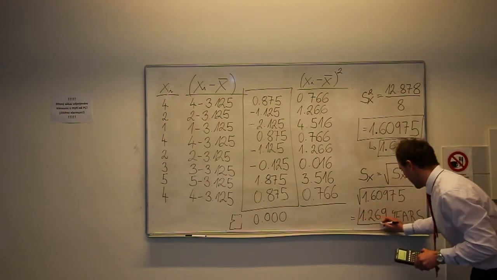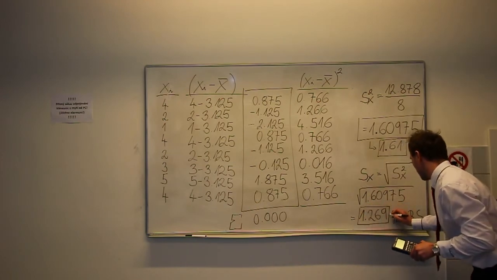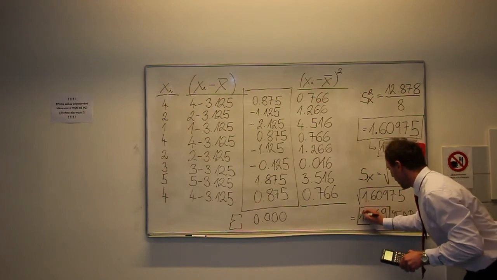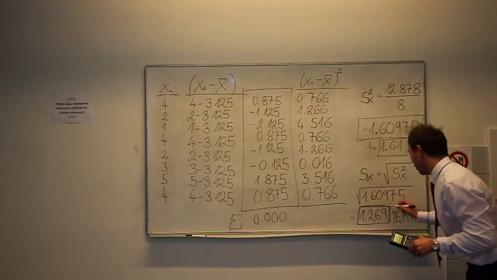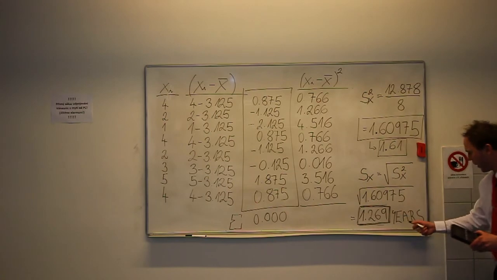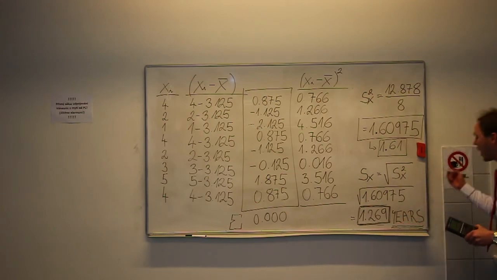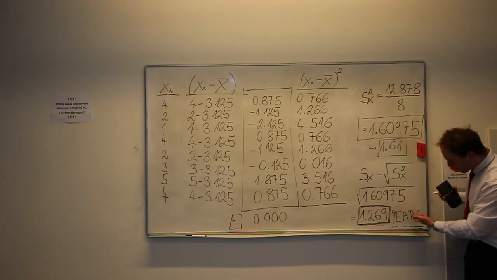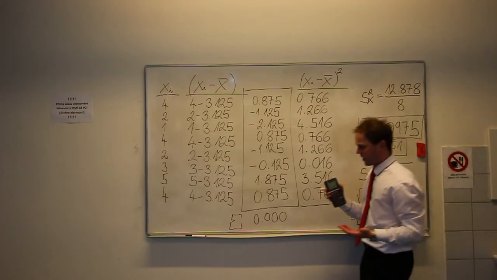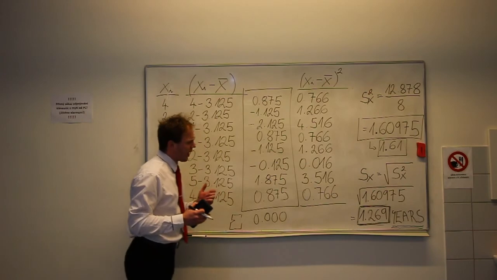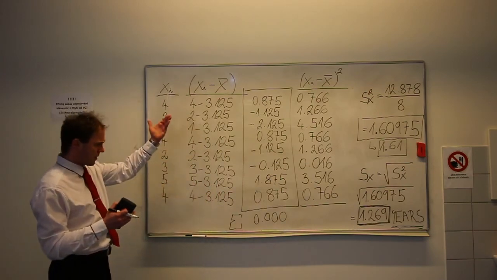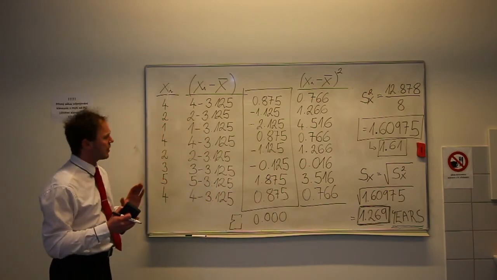Yes, this is the standard deviation, a very important measure of variability, because its result is in basic units, so in our situation in years. Okay, so variance and standard deviation.